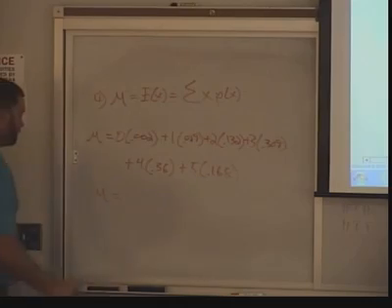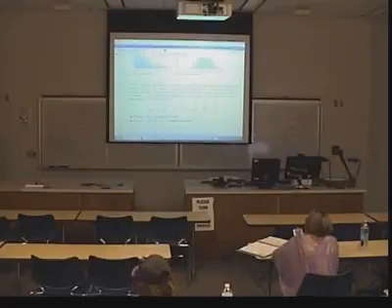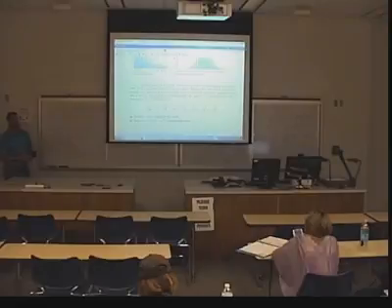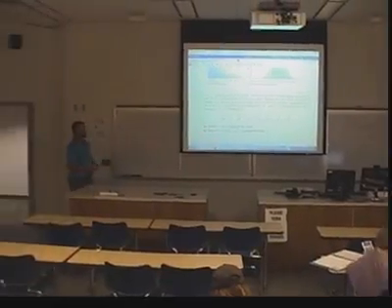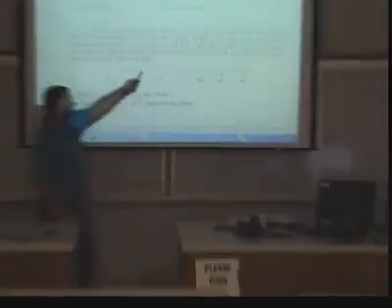What do we get? 3.5. So our expected value is 3.5 survivors out of every 5 people that get this skin cancer. And even though our expected value is not one of the random variables, that doesn't matter.